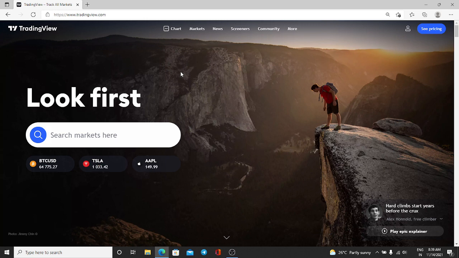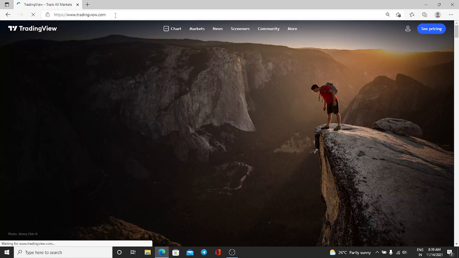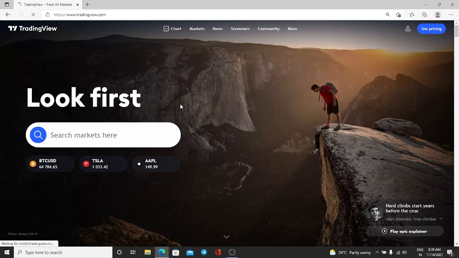Now let us start. Take any browser or open your mobile application. Once you are subscribed to the indicator, you can use any browser or open your Android or iOS application. Type www.tradingview.com and press enter. Now you will get the page like this.